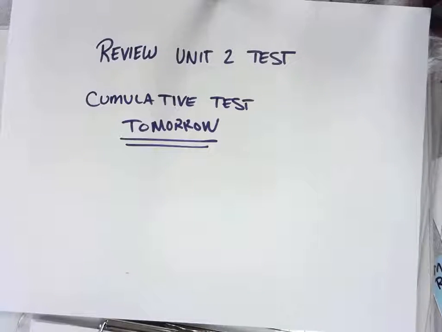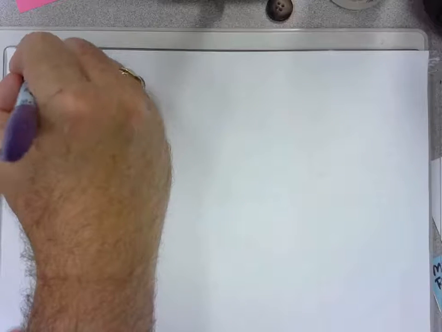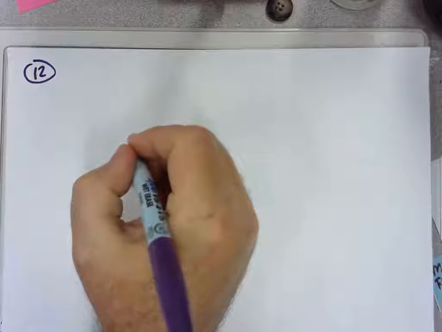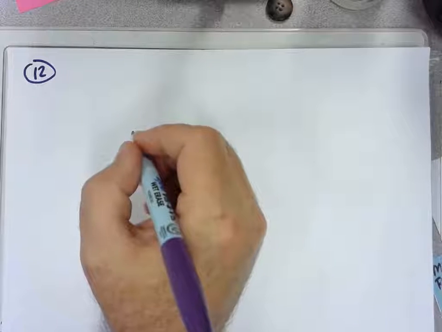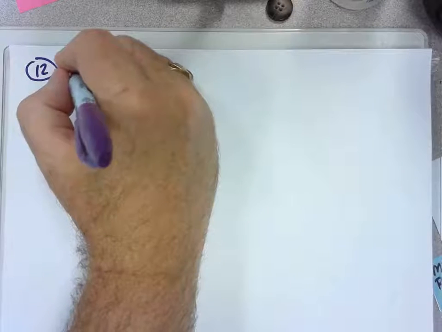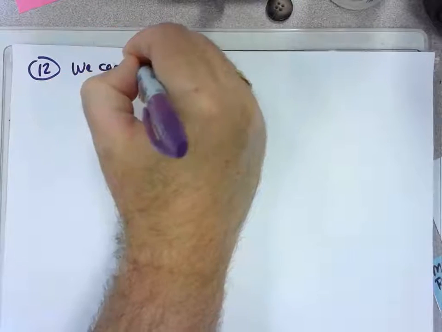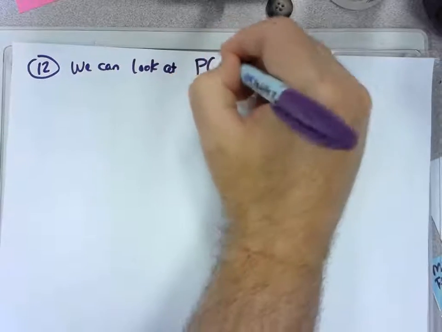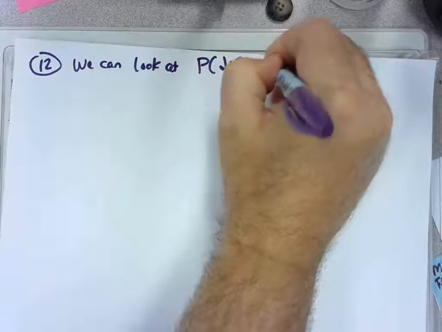All right. So how do we work that question? This is one of those, guys. Remember we said it's easier to do the complement sometimes? It is. So on number 12, if we're looking at the probability that at least 2 have the same birthday month, we can look at the probability that they have a different sign, okay?